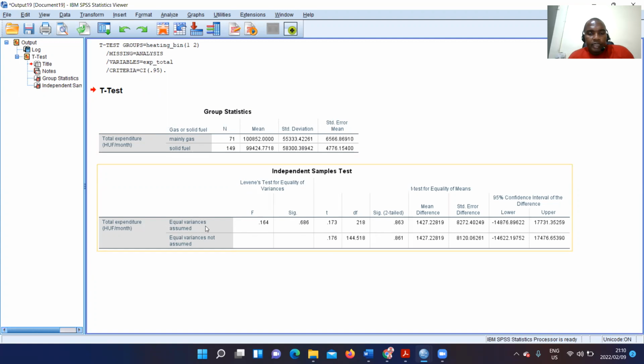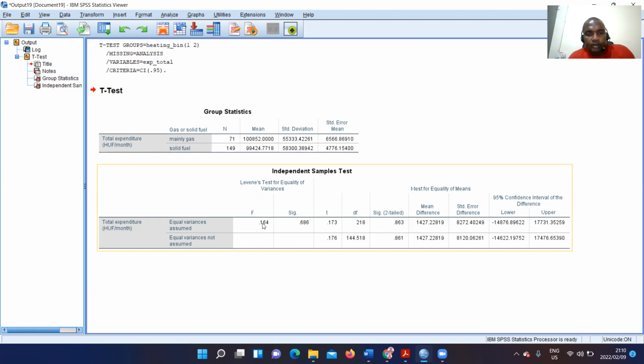The first null hypothesis is that equal variances are assumed. Equal variances of total expenditure on mainly gas and mainly solid fuel are assumed.